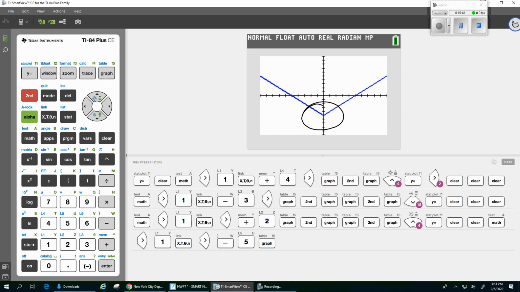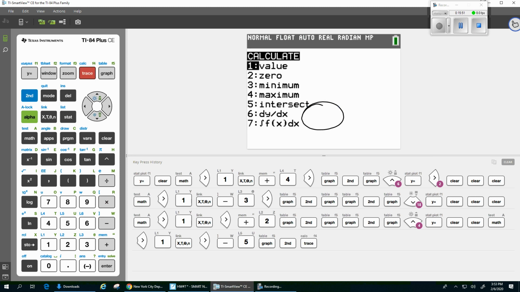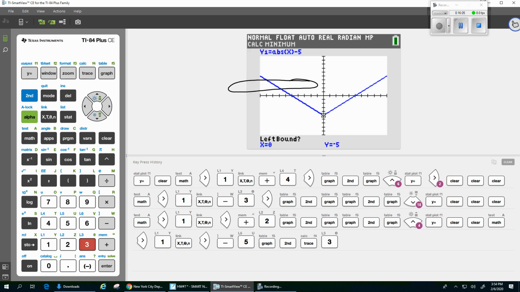So I'm going to hit the second button, calc, and I have some options here. I'm going to select option 3, minimum. And then it has this question in the bottom left corner of your screen.